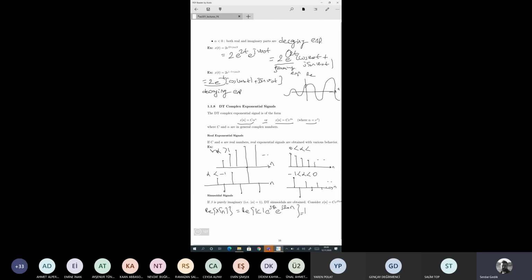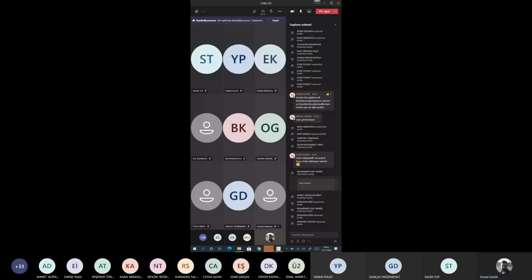It's equal to norm of c cosine omega 0 n plus theta. So I have a cosine for the real part, or in general, a sinusoidal signal for the real part. And what about the imaginary part of x of n? It's equal to norm of c sine omega 0 n plus theta. So this is the imaginary part of my x of n.